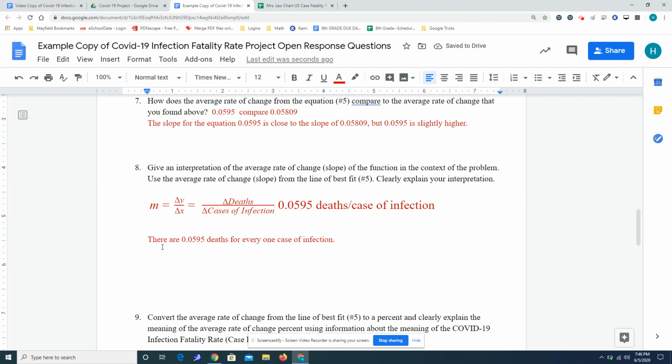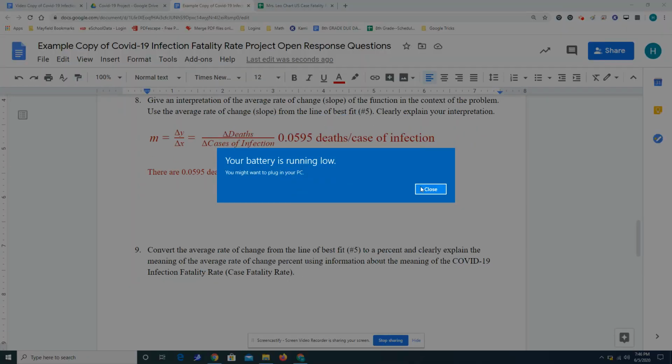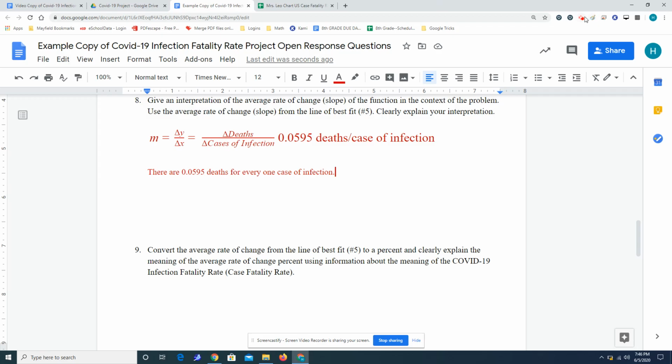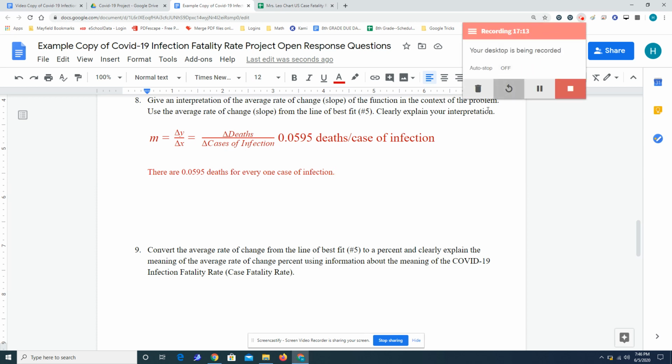Right? And this doesn't make a whole lot of sense right now. It's hard to visualize. So that's why we're going to do the next step, which is converting this to a percent. All right. So we're going to convert the average rate of change to a percent. And once we get the percent, we are going to explain what the percent means using what we talked about earlier.